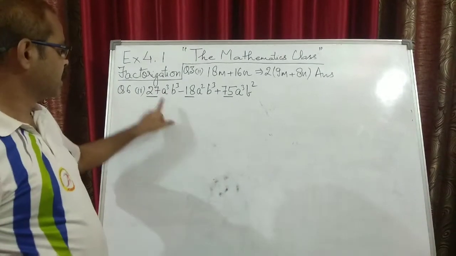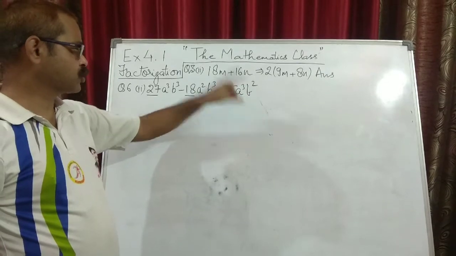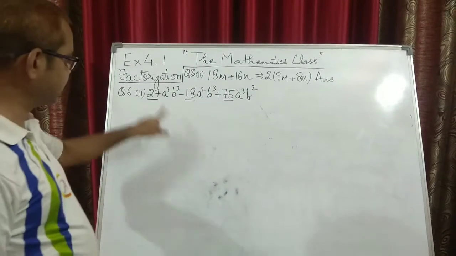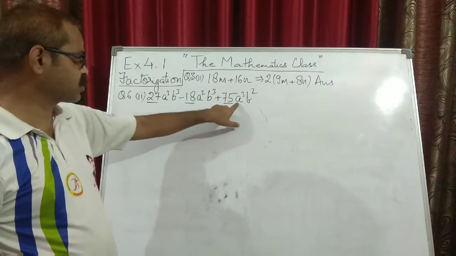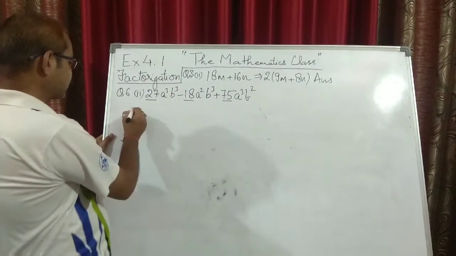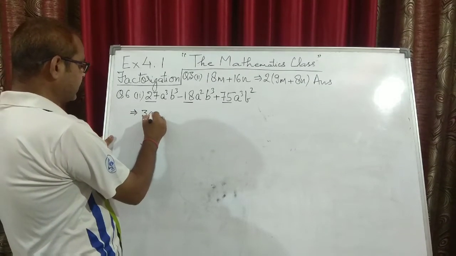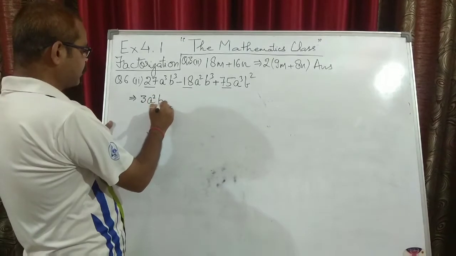Now a cube b cube, a square b cube, a cube b square. What can be taken common? At least a square and b square. So what we can take common is 3 times a square b square.